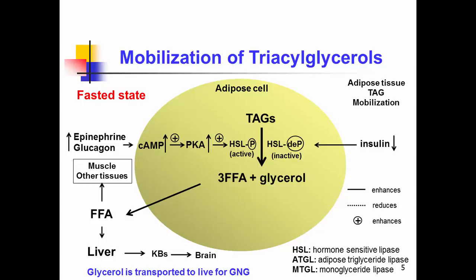So glycerol is also released from the adipose tissue, and this glycerol usually is picked up by the liver for making glucose, right? That's gluconeogenesis during fasting. So I just wanted to mention that although we're talking about lipid metabolism here, you also want to connect to the glucose metabolism that is also happening.